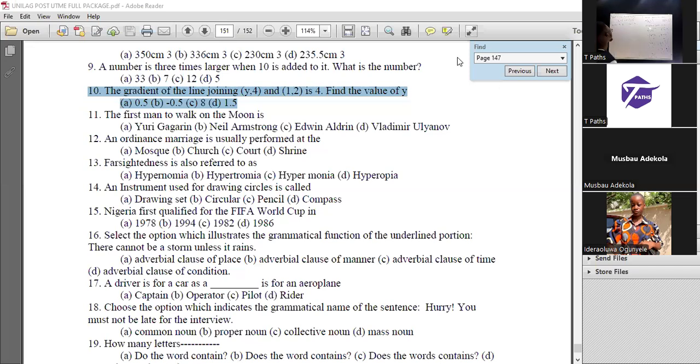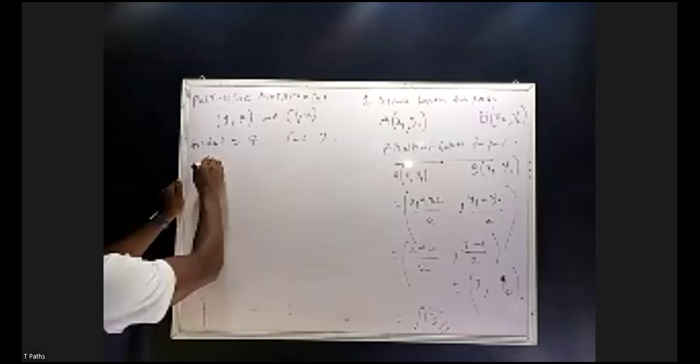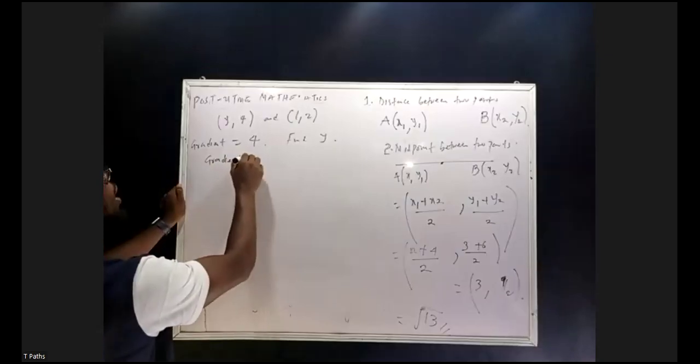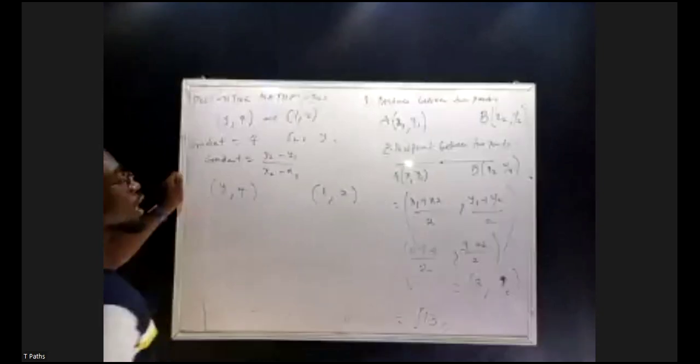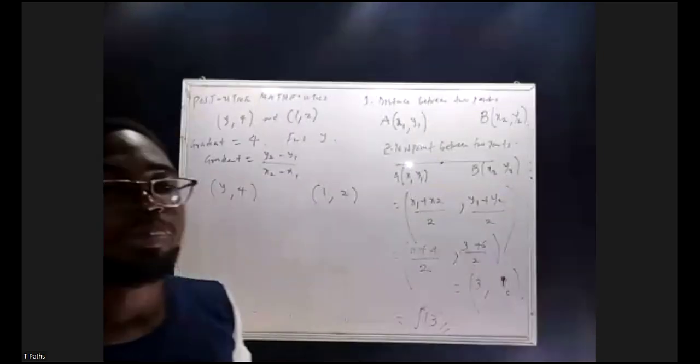So let's go. Now, what's the first thing I will do? The first thing is that I will write out the formula for my gradient. What's the formula for my gradient? y2 minus y1 divided by x2 minus x1.